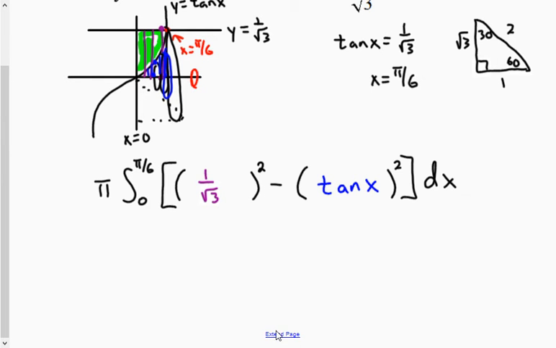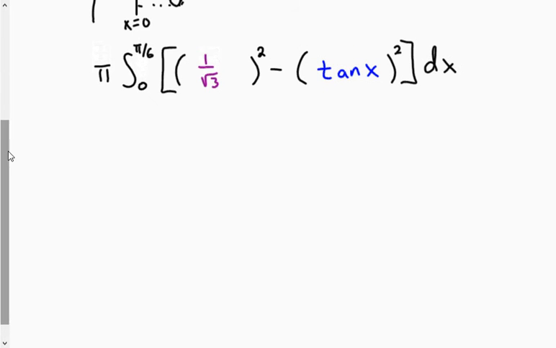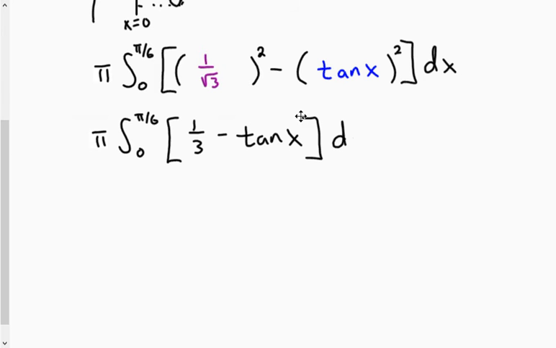So what we've got to work on doing now is we've got pi times the integral from 0 to pi over 6. If I square these things, I get 1/3 minus tangent of x. So we got to integrate that.